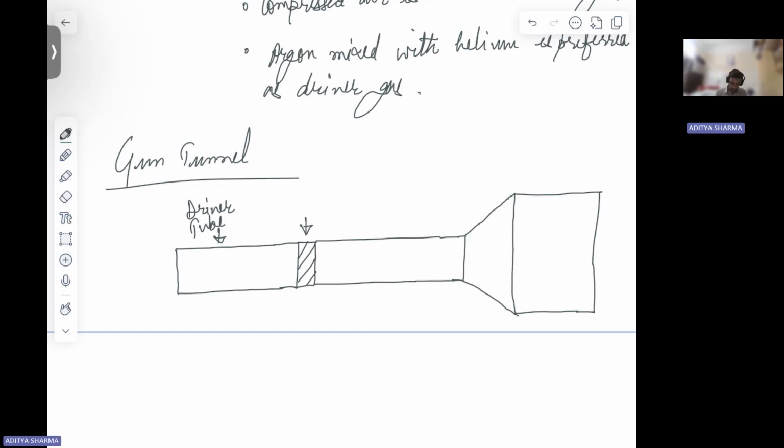This is your piston. This is your low pressure driven tube.